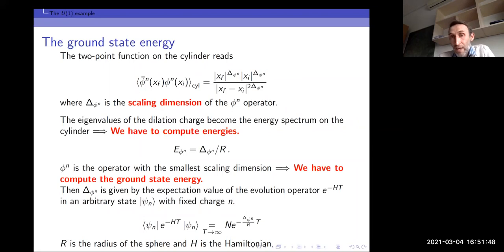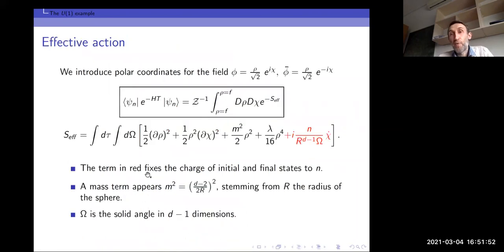And in particular, the choice I'm going to make for this state psi n is as follows. It will be a state psi in which the radial coordinate for our complex scalar field will be fixed to some constant value f, as you see here. So it will be like a constrained path integral where the radial mode is constrained to be the constant value f.